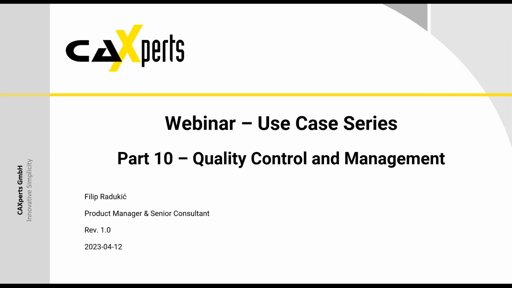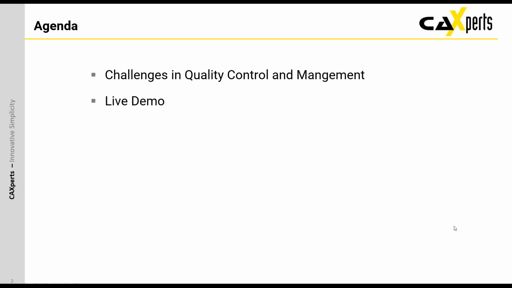And this being said, let's actually have a look at today's agenda. So we'll concentrate on a few examples showing challenges in quality control and management, and that's a really broad area to cover.